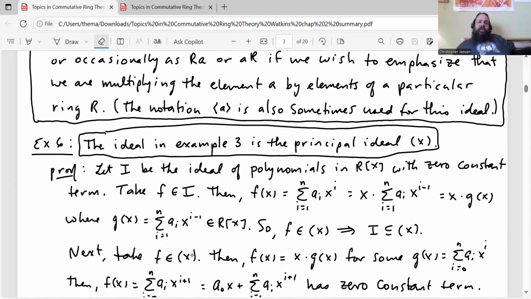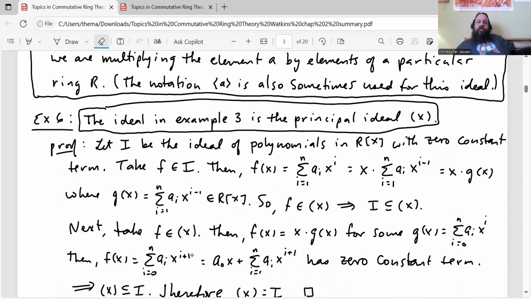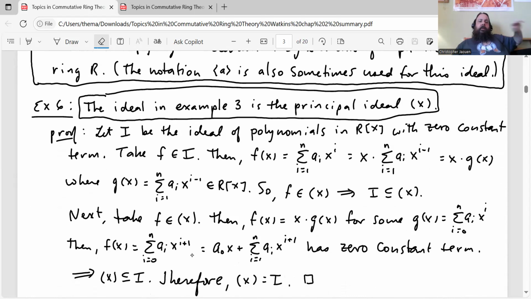All right, example 6, the ideal in example 3 is the principal ideal generated by x. So let's prove that. Let I be the ideal of polynomials in R[x] with zero constant term. Take f in I, then f(x) equals that polynomial there, which if you factor out an x is equal to x times that polynomial that has a not necessarily zero constant term, right?